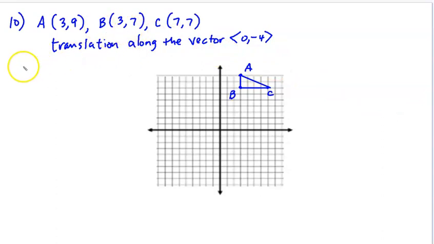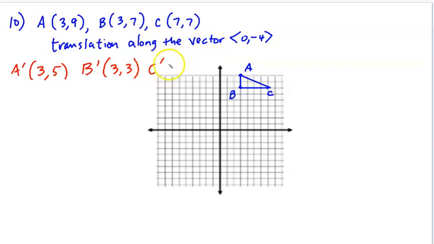So to come up with the coordinates, this is a translation, so this is like moving none to the right or left. This is the left-right movement, and this is going to be the up-down. But we've got to come up with the coordinates anyway, so let's just go ahead and use the math. So we're going to add 0 to the x, and we're going to add -4 to the y. So our A prime point will be 3, 5. B prime will be 3, 3.